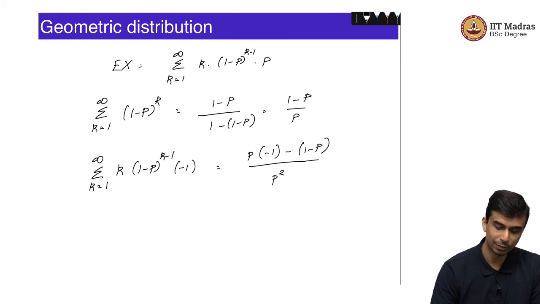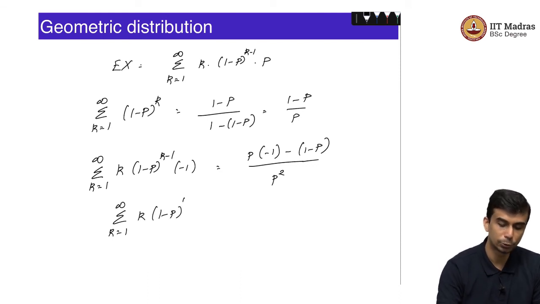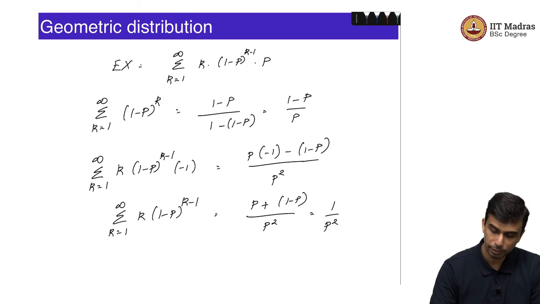The reason is obvious: you are getting the sum over k equal to 1 to infinity of k into (1 minus p) power k minus 1, which is the term that you want for EX also. So, let us just multiply by minus 1 on both sides to get what we want. The sum over k equal to 1 to infinity of k into (1 minus p) power k minus 1 is simply equal to (p plus 1 minus p) by p squared, which is equal to 1 by p squared.